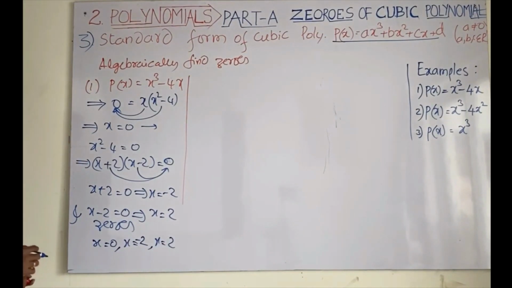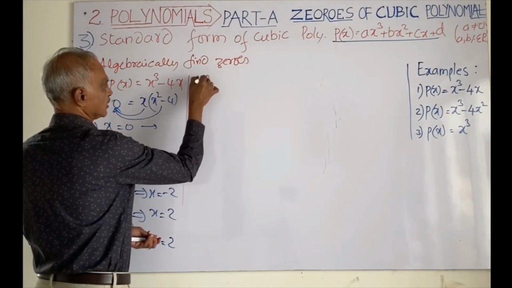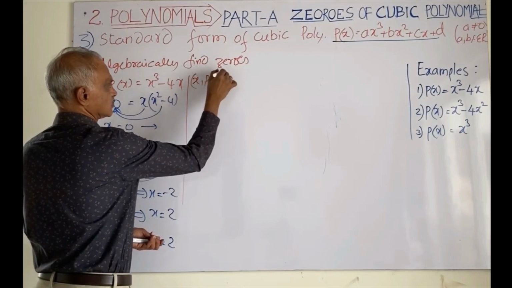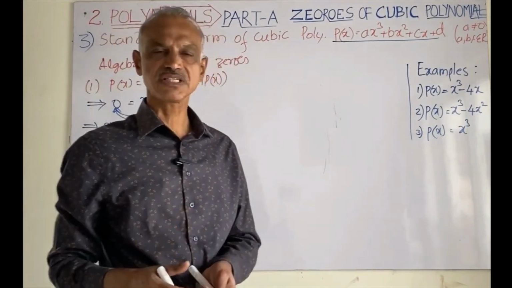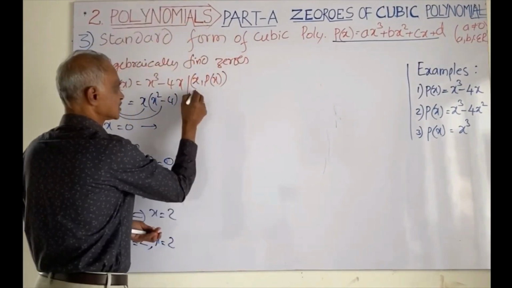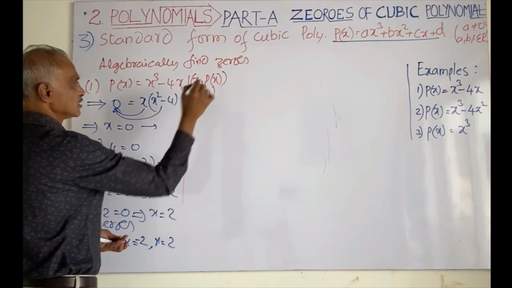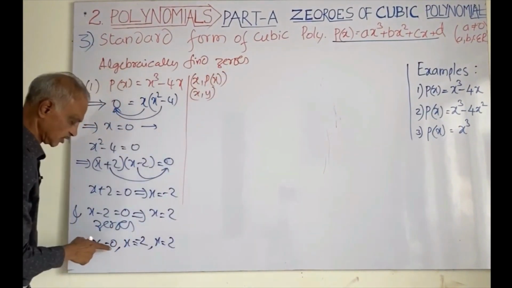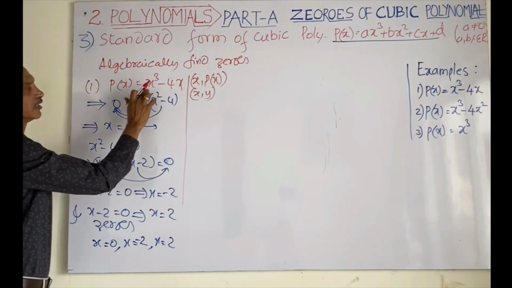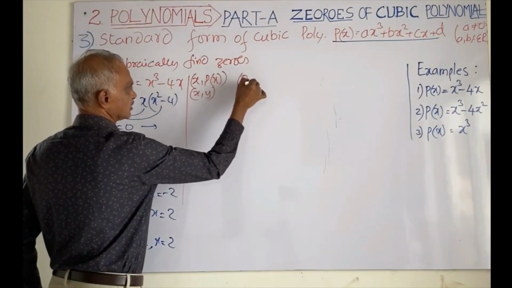Now you can write like this: x, p of x. See, x is the x coordinate, p of x is the y coordinate. Instead of x you substitute 0 here, you will get p of x as 0: 0, 0.